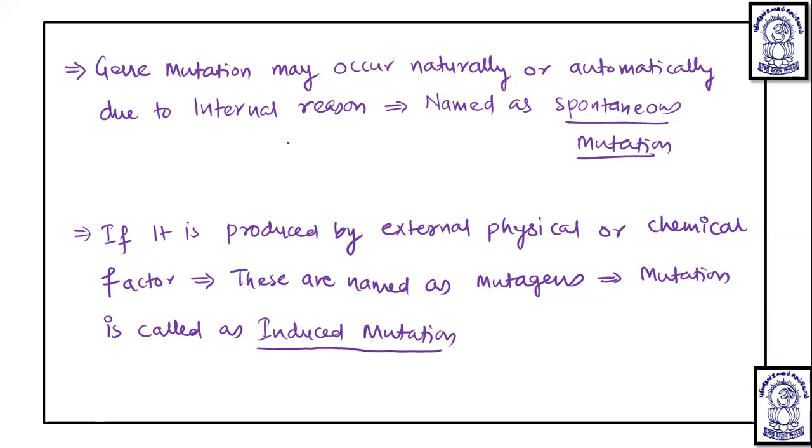Now after gene mutation, we are going to talk about another type of mutation known as chromosomal aberration. So let's talk about chromosomal aberration.